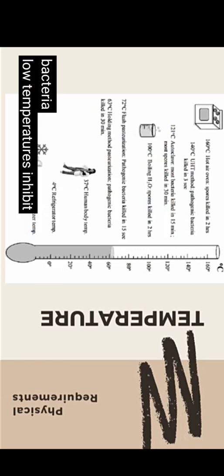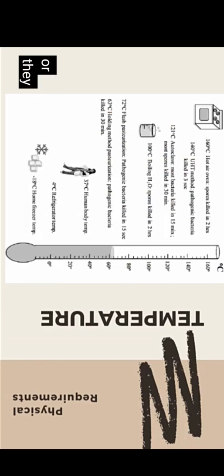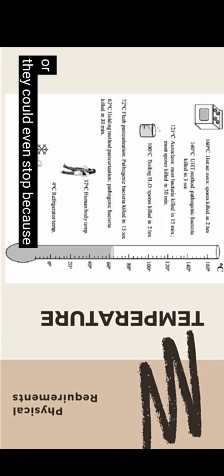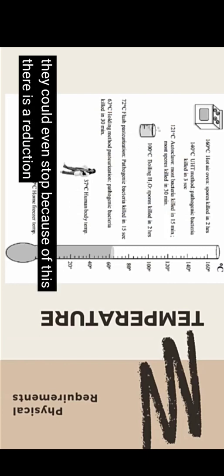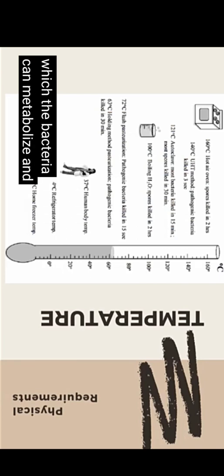Low temperatures inhibit enzyme activity. So biochemical reactions are slowed down or they could even stop. Because of this, there is a reduction in the rate at which the bacteria can metabolize and reproduce.